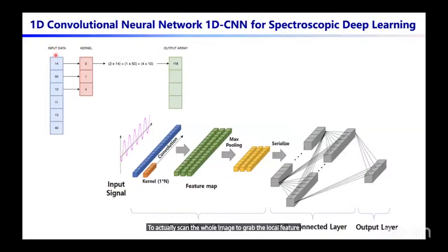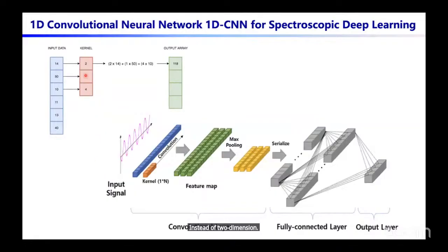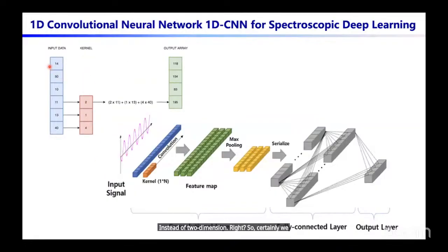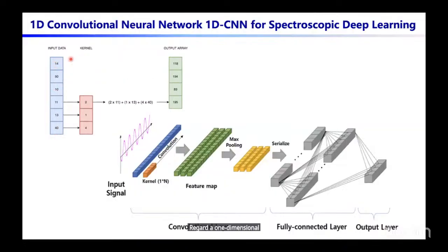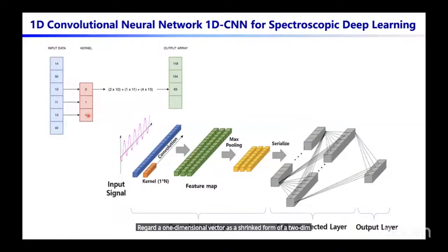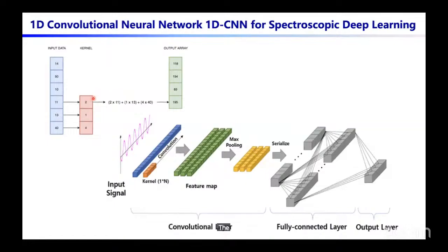Now, because everything is one dimension instead of two, we can regard a one-dimensional vector as a shrunken form of a two-dimensional matrix, and likewise we can shrink the filter from two dimensions into a one-dimensional vector.